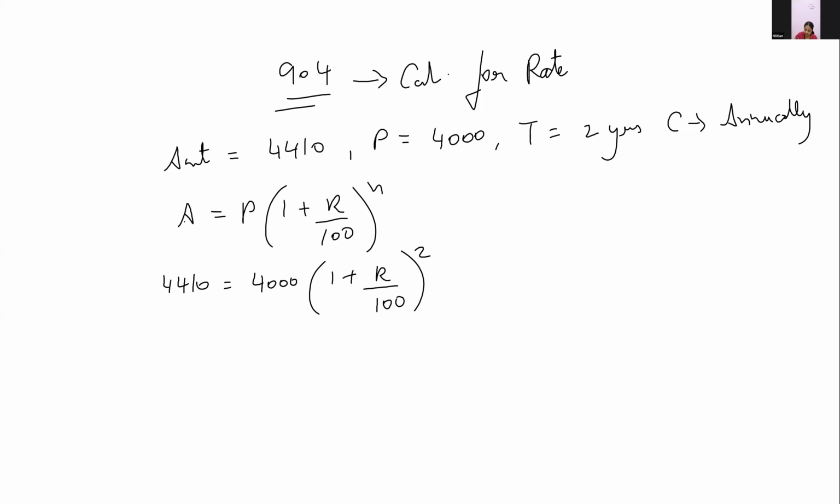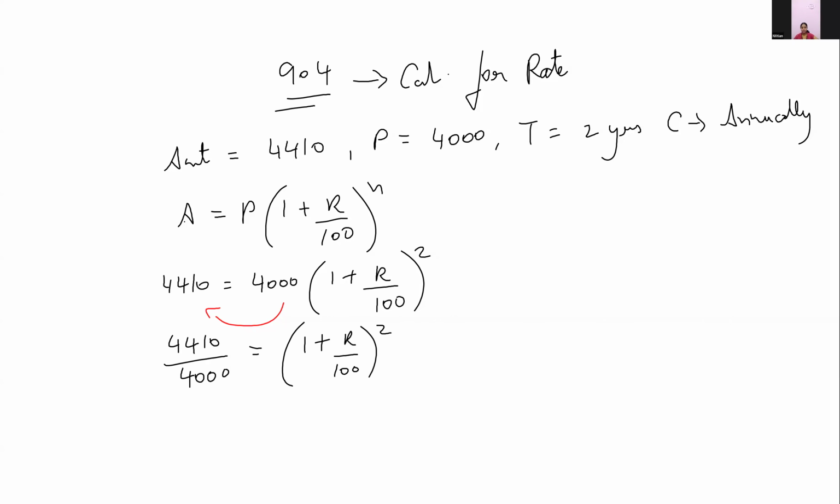Now, like I always explain, when you have it like this, you can take 4000 below 4410. Divide 4410 by 4000 equals 1 plus R by 100, raised to the power 2.